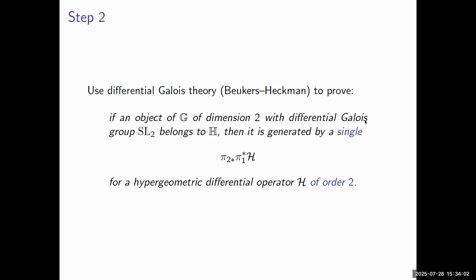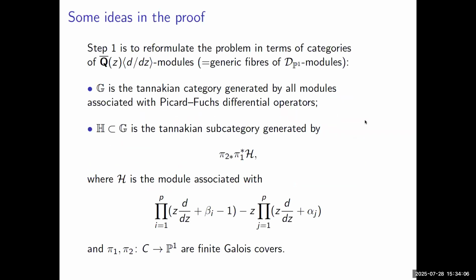Yeah, so I think if you use this result, okay, you can maybe in this category G, if you restrict to objects of dimension 2, then you have this control on the kind of geometry.